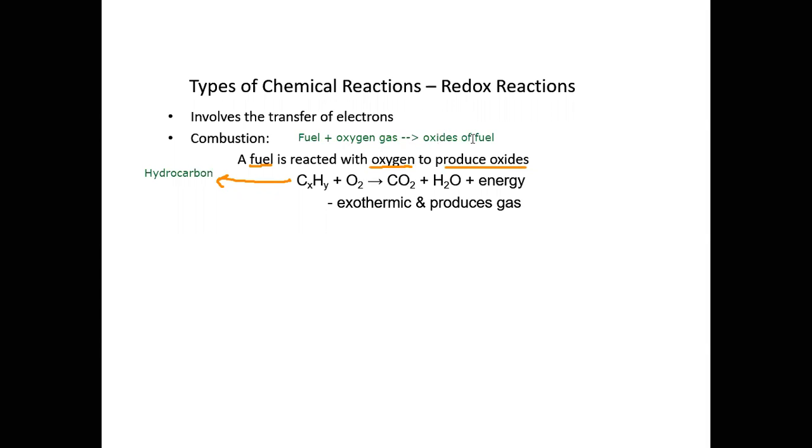And then the products are going to be oxides of the fuel. For example, here we have a hydrocarbon made up of carbon and hydrogen. We have oxygen as the other reactant. We form the oxide of carbon, which is called carbon dioxide, and the oxide of hydrogen, which is referred to as water or steam. And we produce a lot of energy.